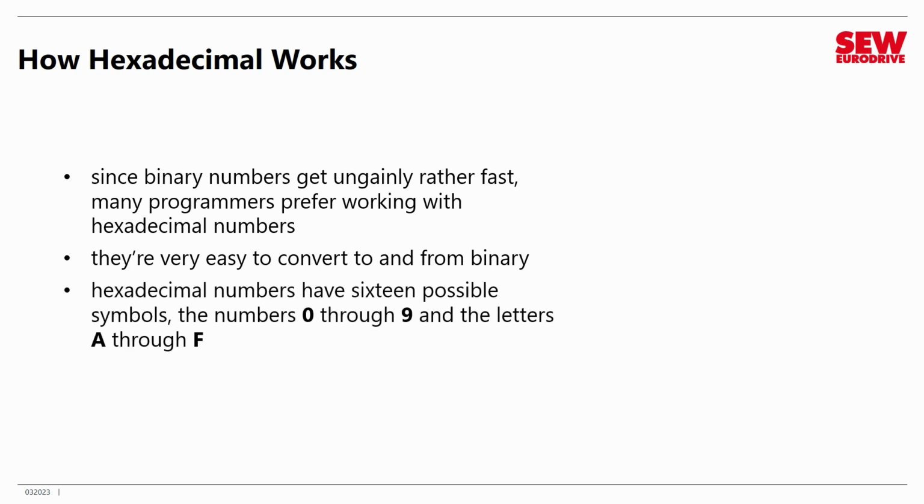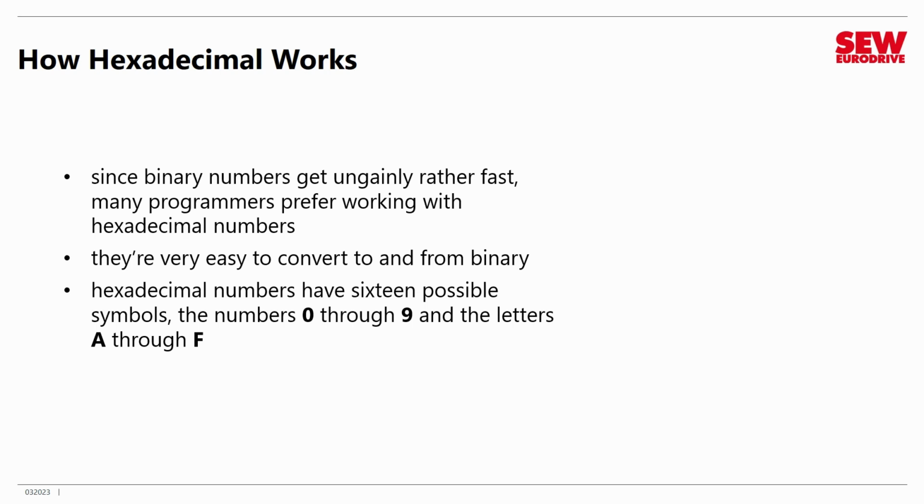Now, a hexadecimal number has 16 possible symbols. Remember, binary has only 2, decimal has 10, hexadecimal has 16. You may wonder, where do we get those extra symbols? Well, we do something a little strange. We use the familiar 0 through 9 for the first 10 possibilities, and then we use the letters A, B, C, D, E, and F for the remaining numbers.